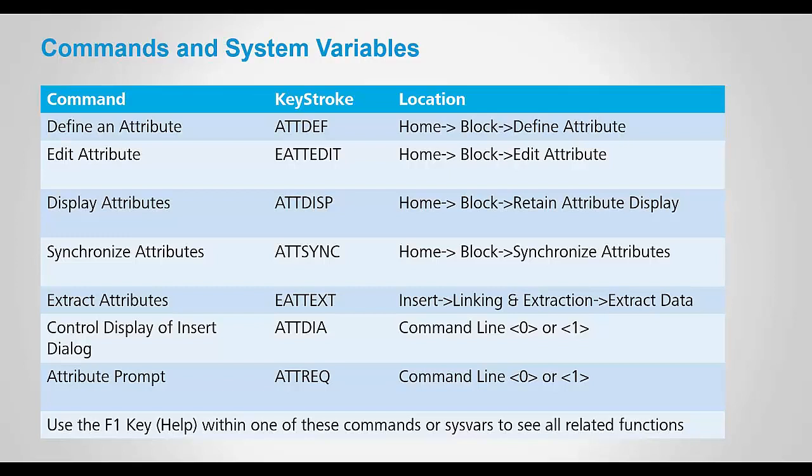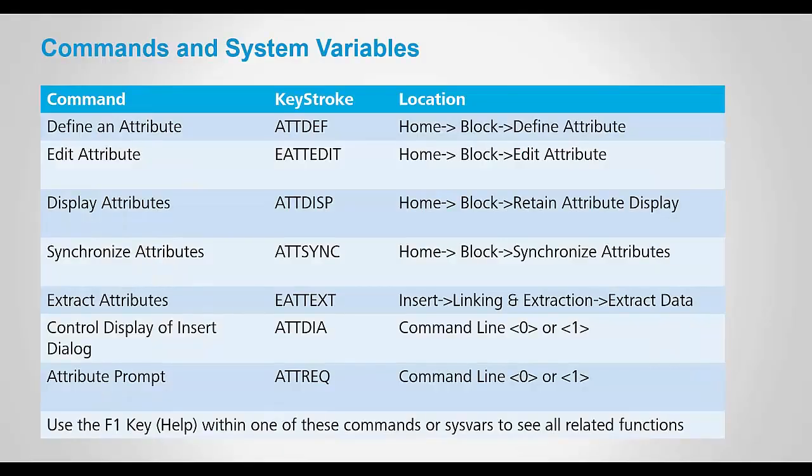That way you won't be prompted for the attribute prompt itself. There are many other commands and system variables which relate to attributes. Anytime you're in one of these commands, just hit F1 or do a search for attributes in the help system and you'll see all the related functions.